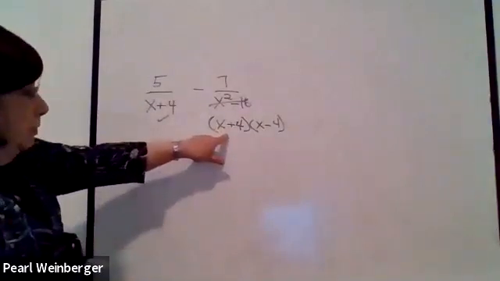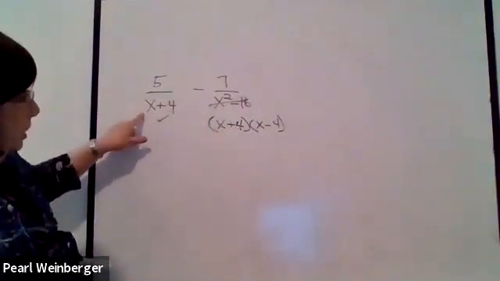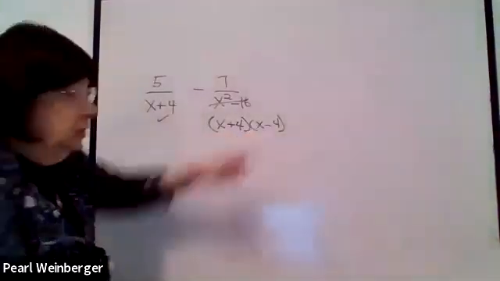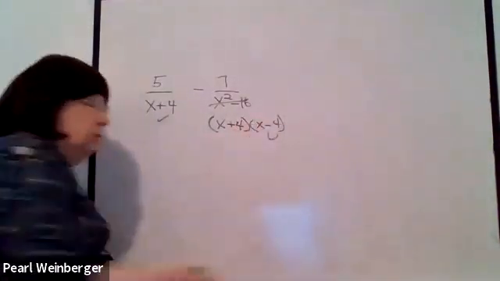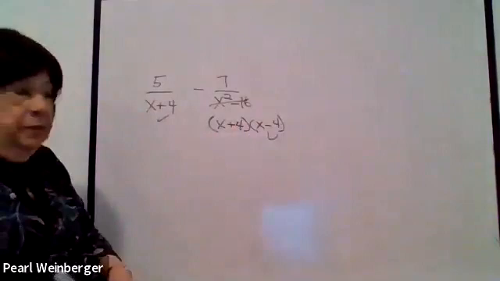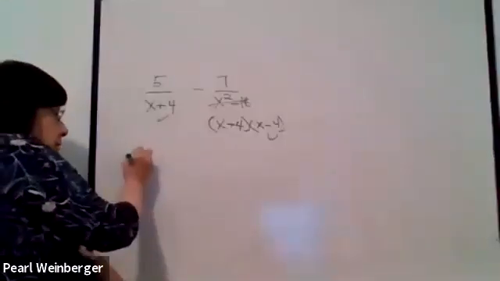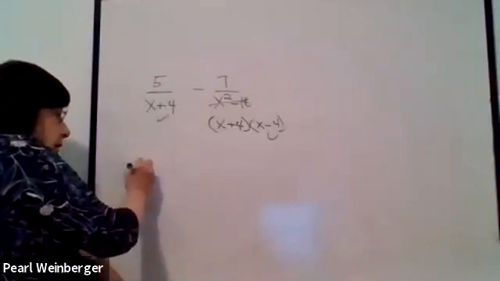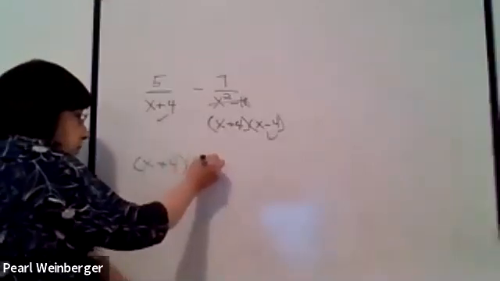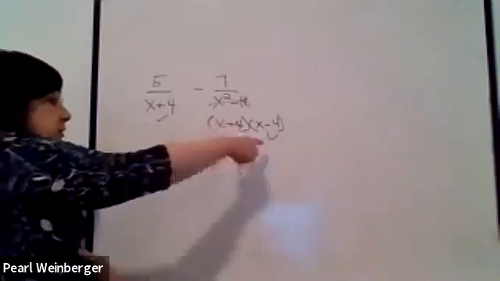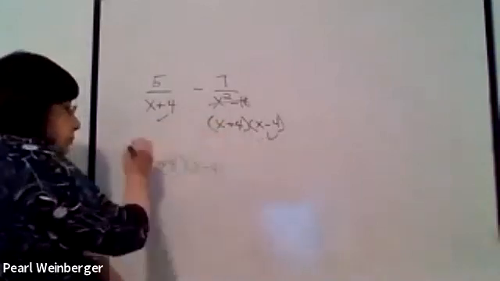I'm not putting a check mark there because it's already checked here. But the x minus 4 is not checked, so let's put a check mark there. Here's my common denominator: x plus 4 and x minus 4, the two things I have checked.